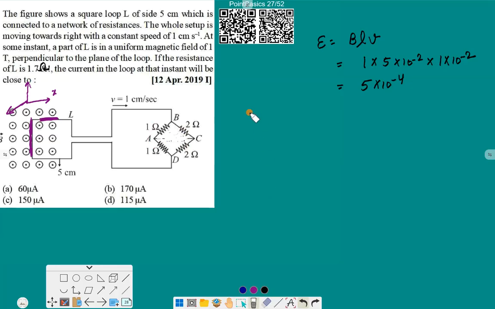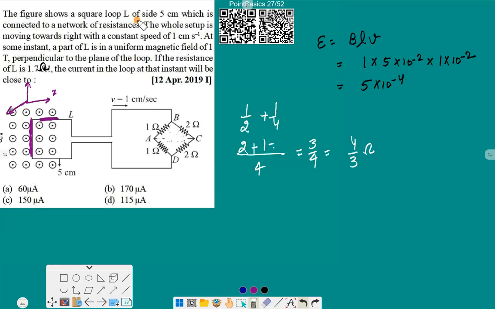So their combined resistance will be 1 by 2 plus 1 by 4, that will give us 3 by 4, and taking the inverse, 4 by 3 ohm out of this part.